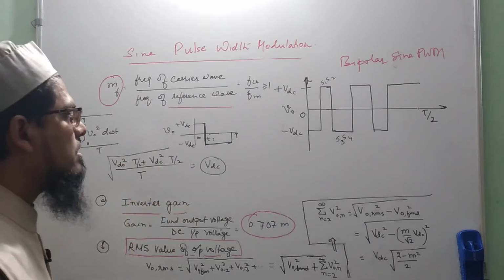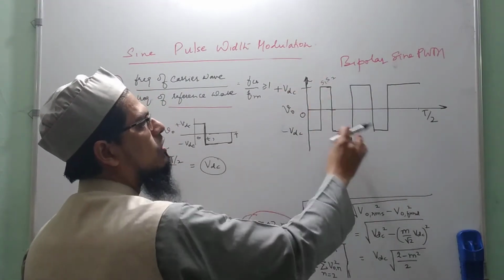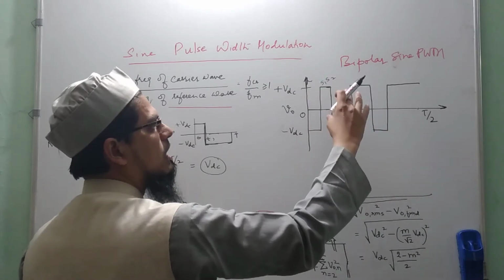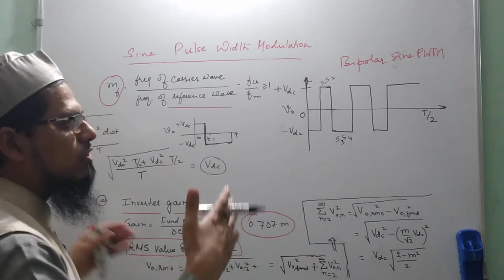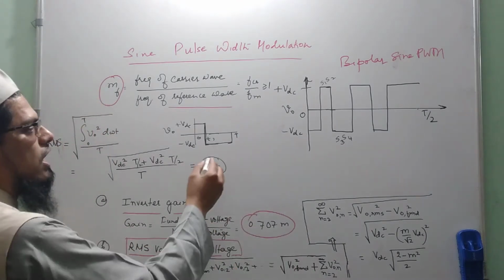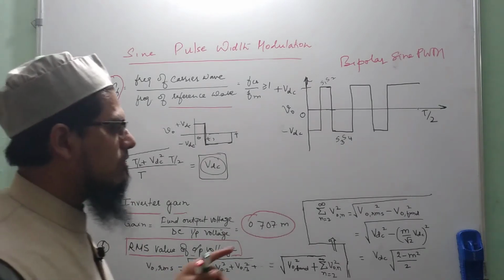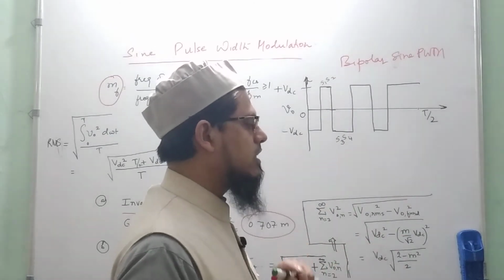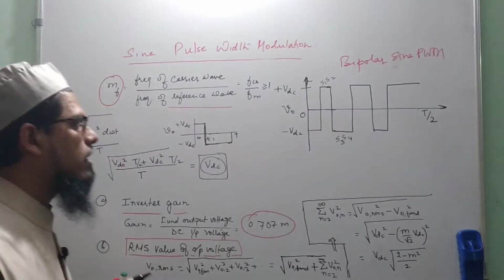That means any waveform might have multiple notches from positive to negative, but if it is plus VDC or minus VDC, for a complete cycle the RMS value has to come out to be VDC. That is why we have taken V naught RMS square as VDC square for this waveform. I hope it is clear now.